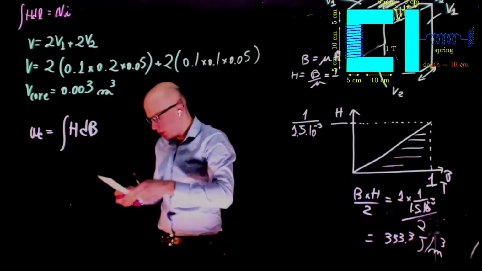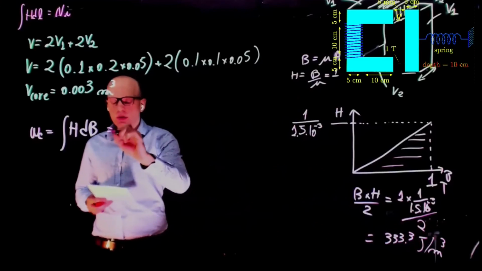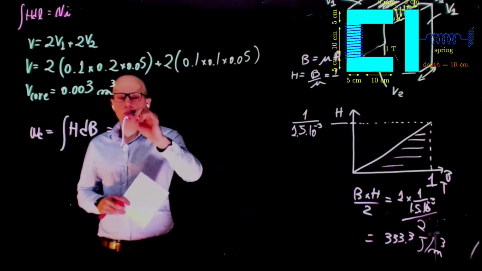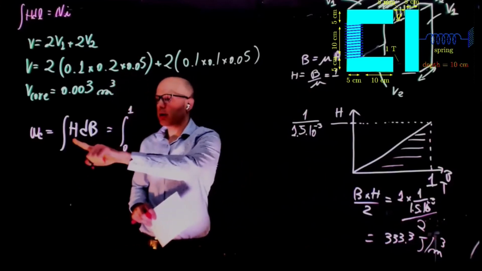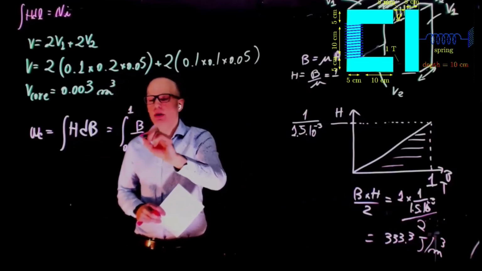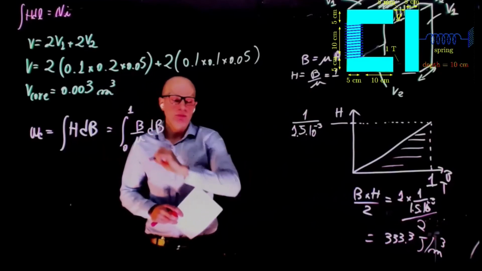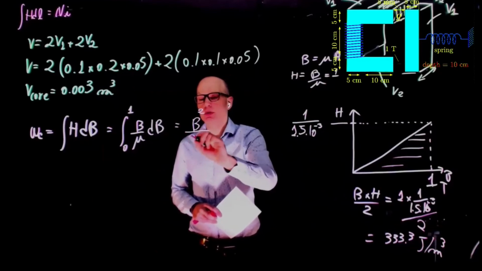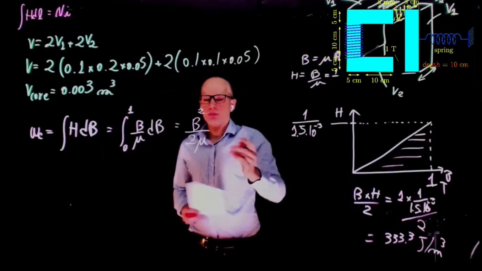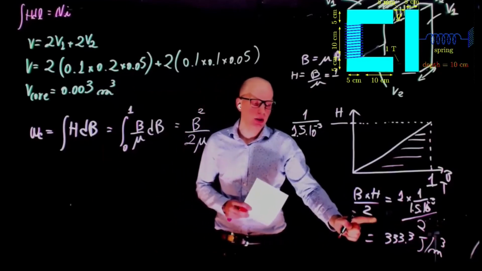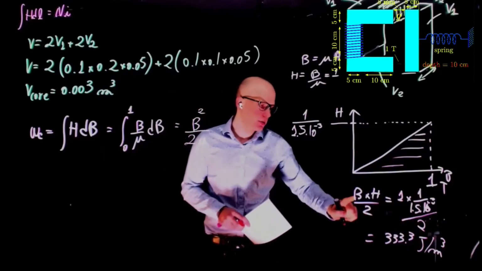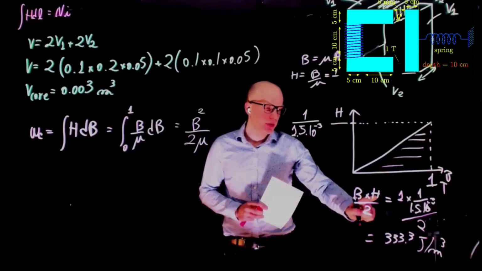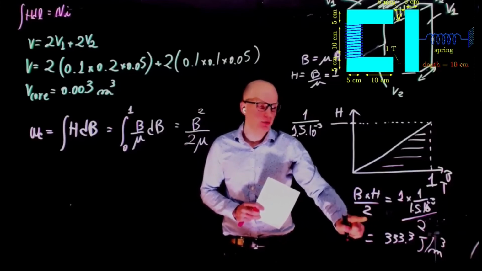Let's do the integration here. Now, why do things in an easy way if you can complicate them? So this is the integral from 0 to 1 of H, which is B over mu, dB, which is B squared over 2 mu, which is the same we had here. B times H is B times B over mu, B squared over 2 mu.